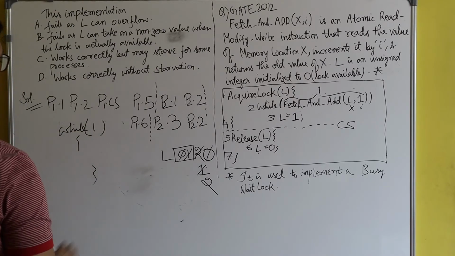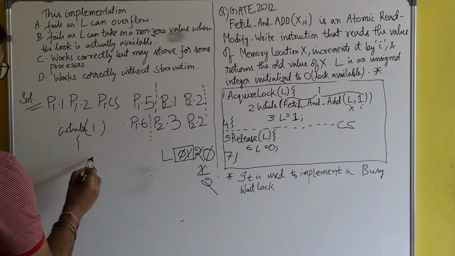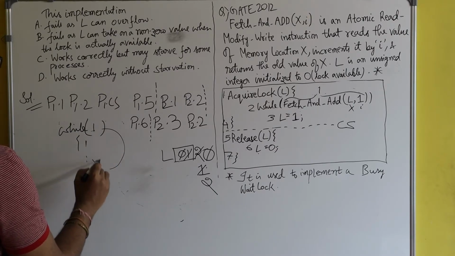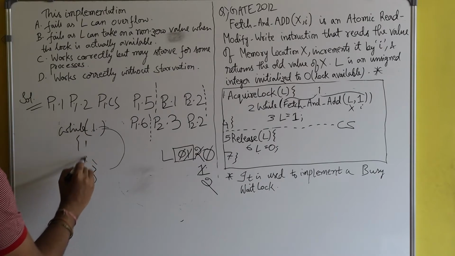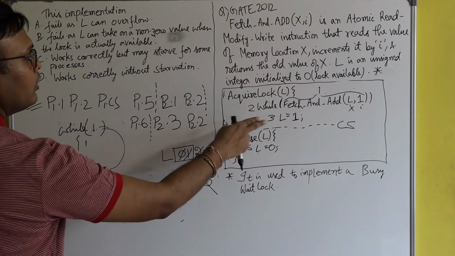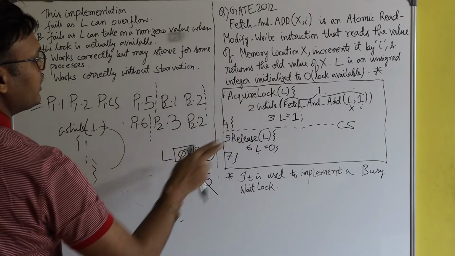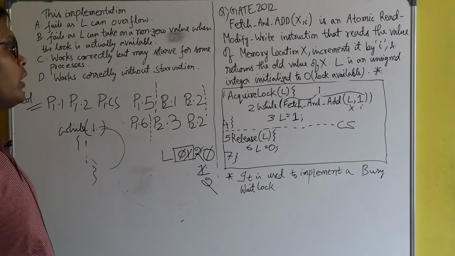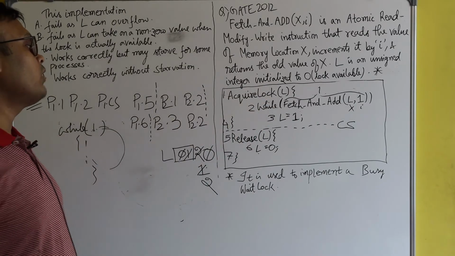The process P2 will keep checking this condition and get entry inside the while loop, again and again. So process P2 will not be able to come out from this while loop. Got it? So here P2 got stuck in the while loop.